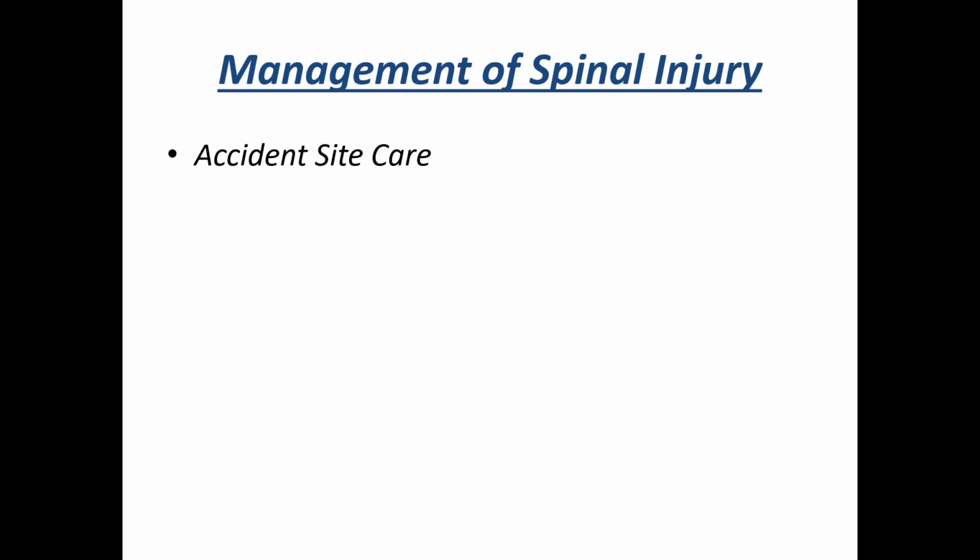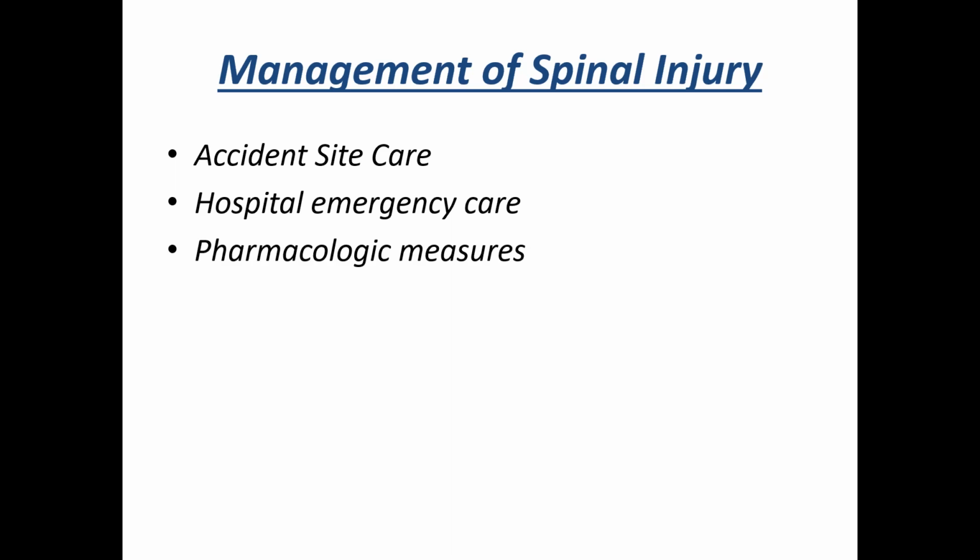How to manage spinal cord injuries? It starts from accident site care: how you lift the patient, how you transport the patient, hospital emergency care, then pharmacological measures like whether steroids have to be given or not.